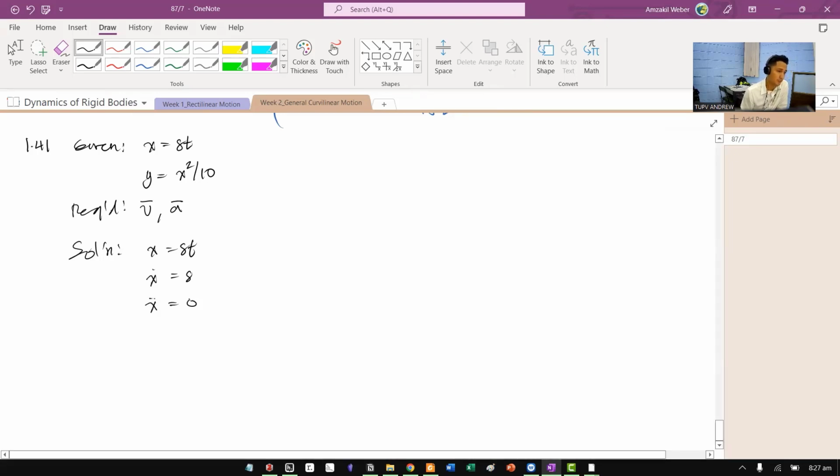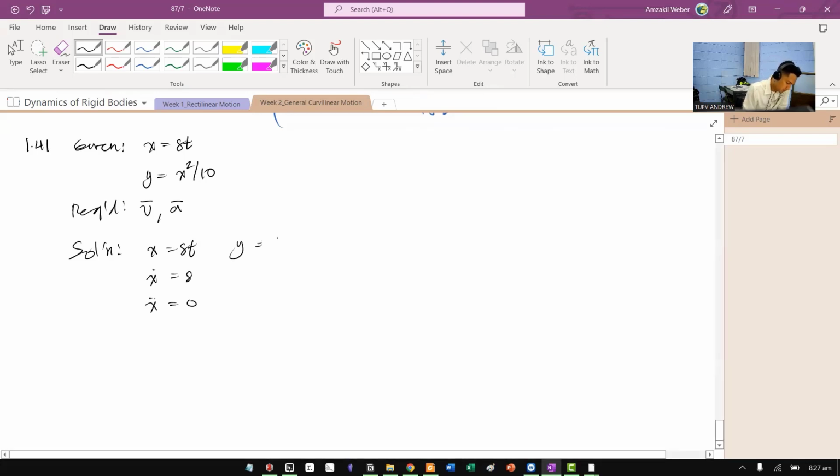Now, we need to find y, but wala sang given. Ang given lang is the path, y is equals to x squared over 10. You can utilize this one by substituting x is equals to 8t to y is equals to x squared over 10 to get the y function as a function of time.